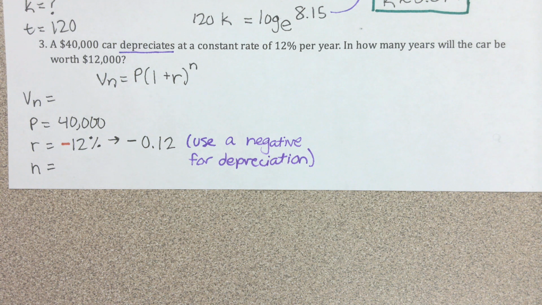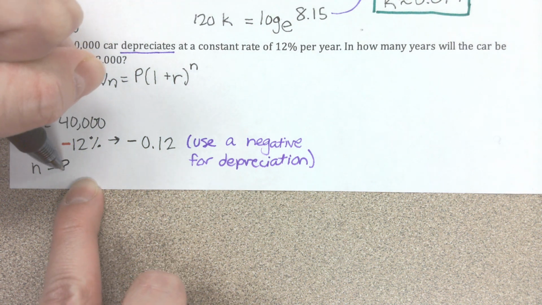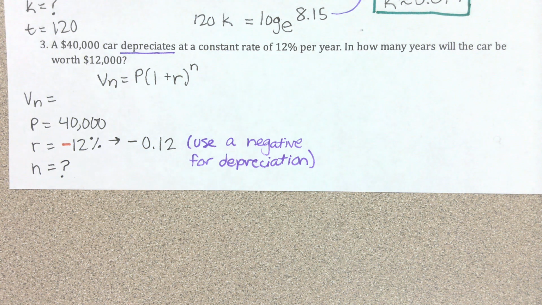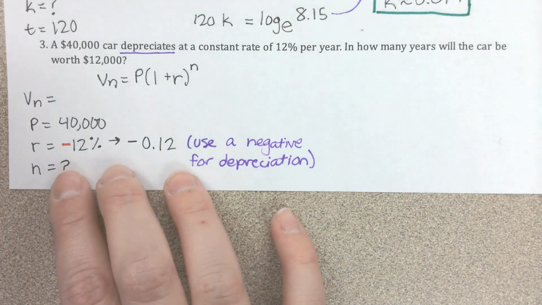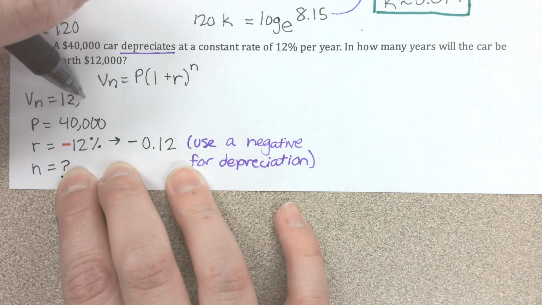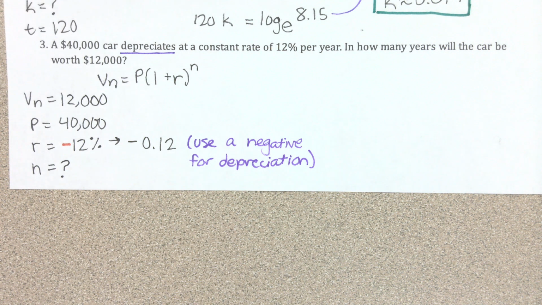Second sentence, in how many years, so that's the question. This time, it's not T, it's actually N. N just stands for a number of years, so that's the unknown. In how many years will the car be worth $12,000? That's the after or final amount. So V sub N is 12,000.